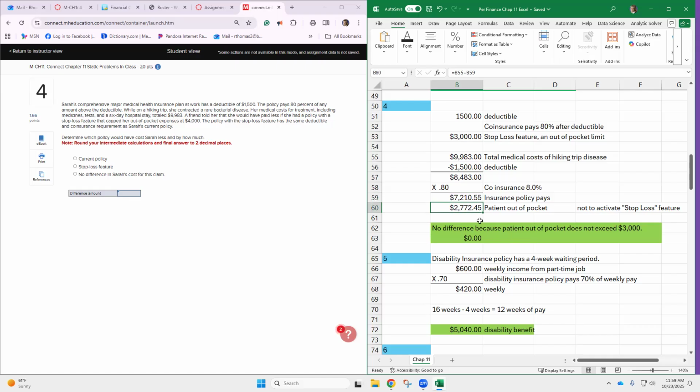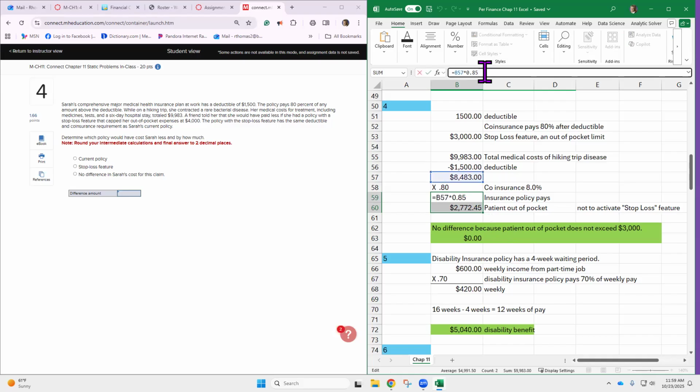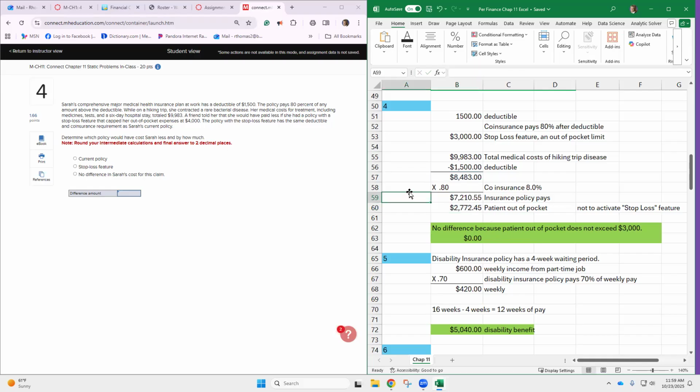Her out of pocket is, and by the way, these two numbers must add up to the total bill.